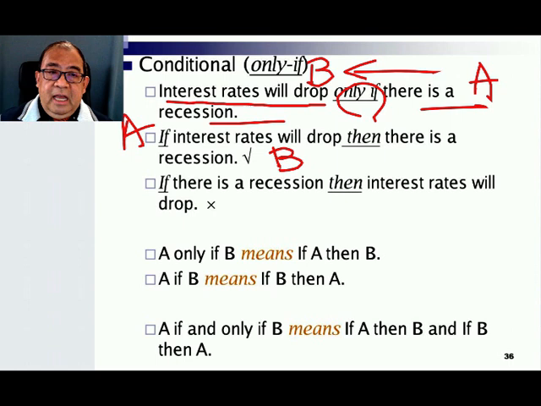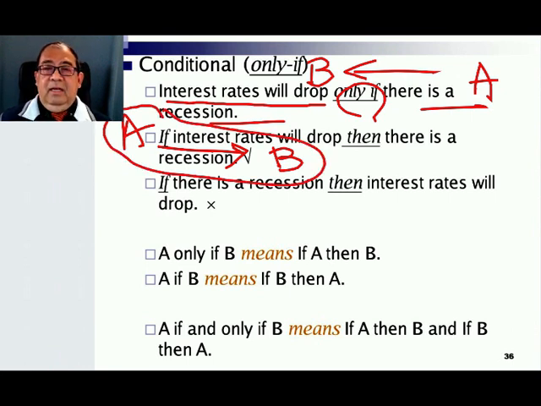Now this is A and this is B. So this is the opposite of A then B. In the Chinese way of saying, this is more natural: if A then B, if B then C, if C then D. This is the language, the construct, or the reasoning in this Asian kind of culture. So we do not reason B only if A, only if D, only if C.